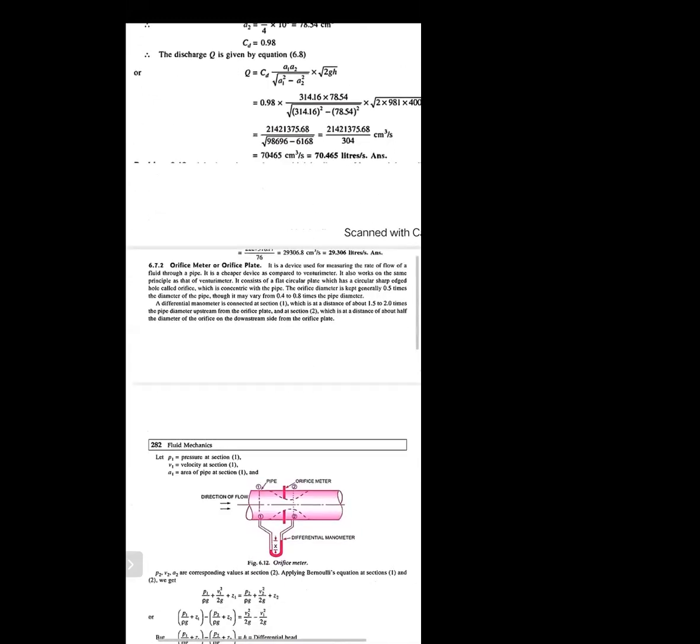Then the only change is in the formula of H, which is H equal to X in bracket 1 minus S1 upon S0. Only the formula for the value of H changes; the remaining problem is the same as case 1. Such types of problems are always asked in university exams.